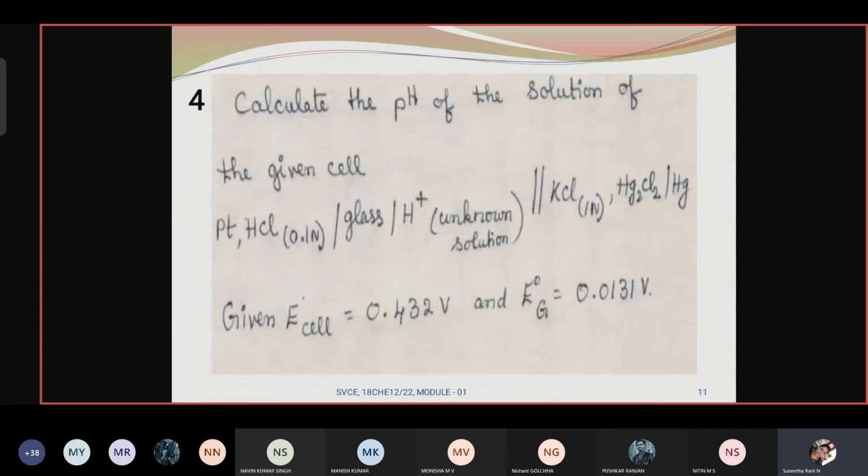So what is the equation to calculate the pH? pH is equal to E cell minus E of SCE, standard calomel electrode, minus E naught of G. Substitute all those values and you will get the pH. Understood?